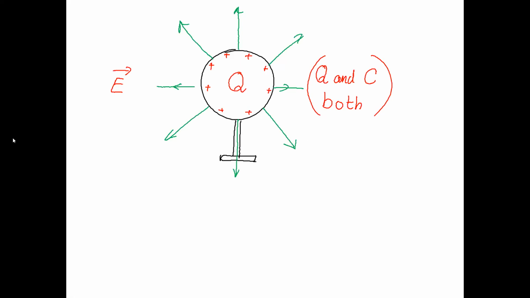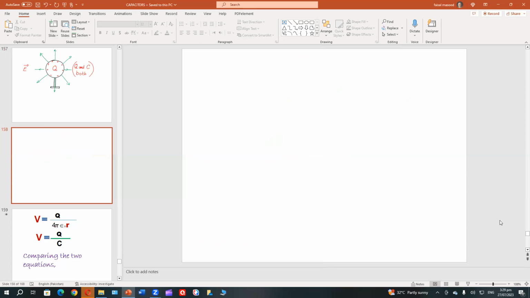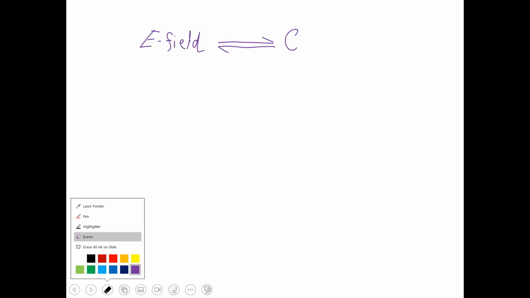Okay, so after giving the heading, write under it that when a capacitor is charged, an electric field is produced between the plates.